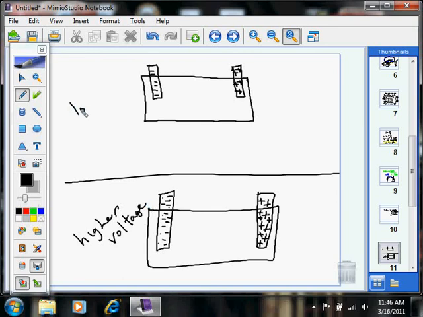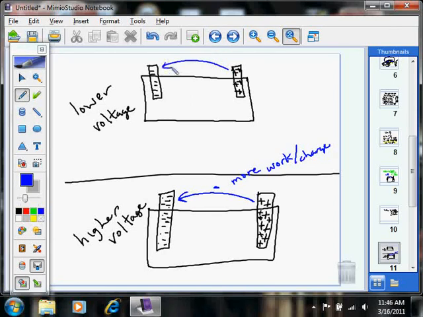This one here would have a lower voltage. This one down here, it would take more work to move an electron that way. Okay? This one here, it wouldn't take as much.